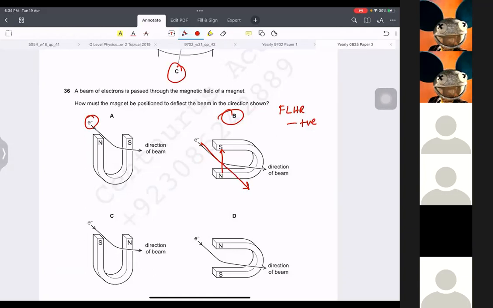Done? My thumb is pointing towards the left. Your thumb is pointing towards the left, right? Now, because you're using the left-hand rule, this is only true for positive current, that is proton, alpha particle, or positive current, right? What is this? An electron, negatively charged. So it will feel force in the opposite direction to what you have found. So it has to be in this direction. Okay.